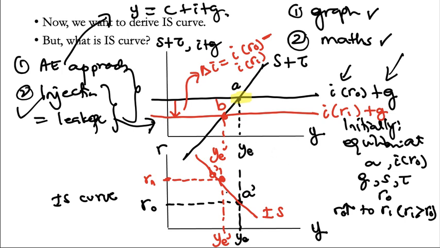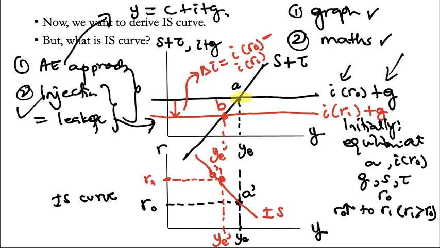So, along the IS curve here, as you can see, point A prime is derived from point A, the first equilibrium in the expenditure approach in the product market. The second equilibrium here, which is B prime, is derived from point B in the first graph, isn't it?